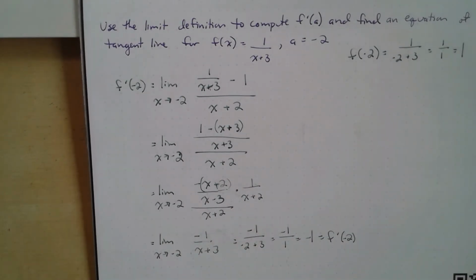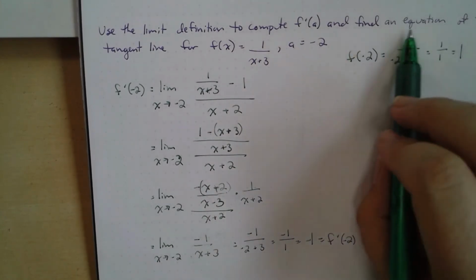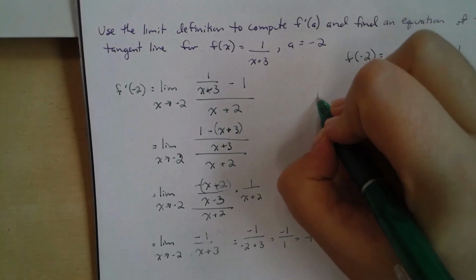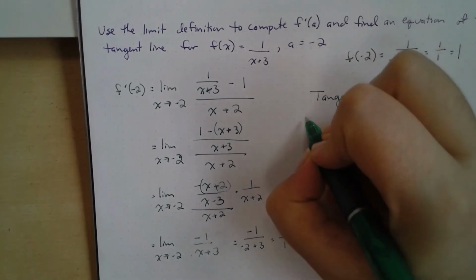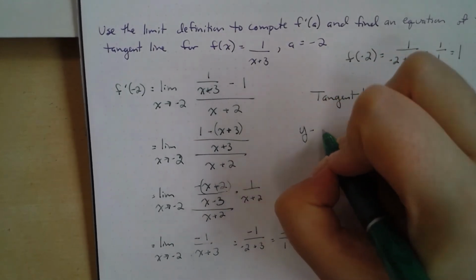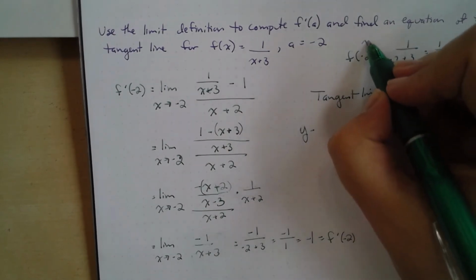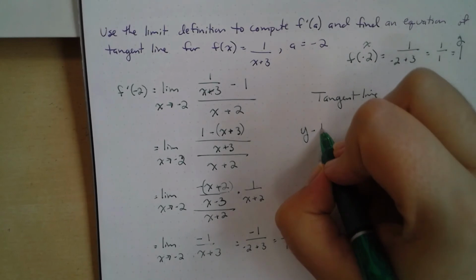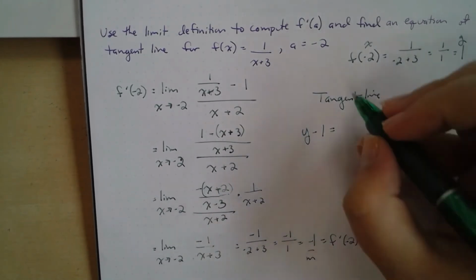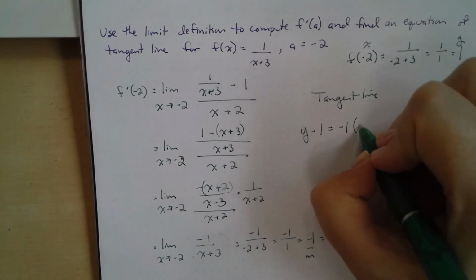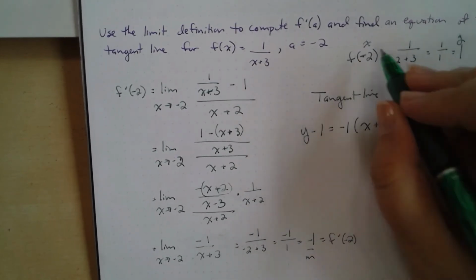Okay. And our tangent line, we still are asked to find the equation of the tangent line. Our tangent line equation is going to be y minus y sub 1, right? This is our x, this is our y, so y minus 1 equals, our slope is negative 1, that's our m, negative 1 times x plus 2, minus a negative 2, right?